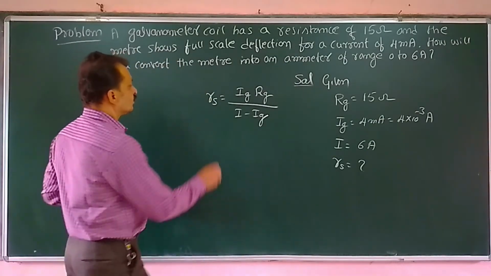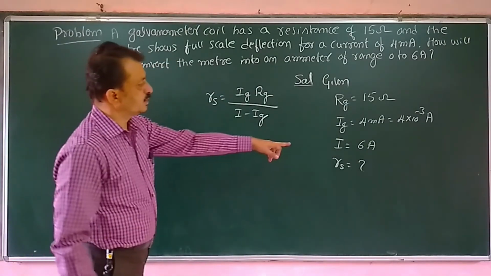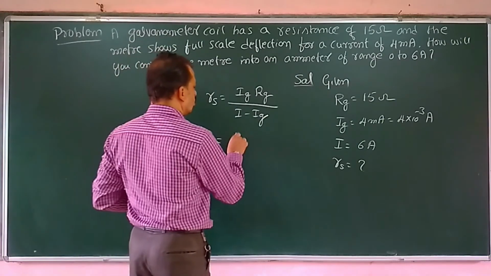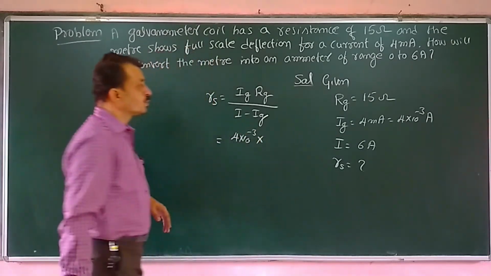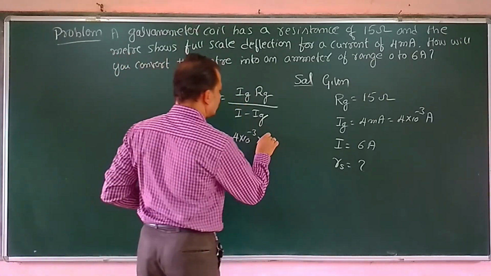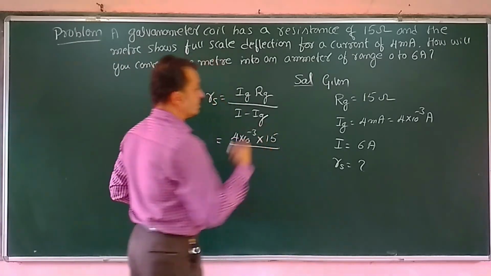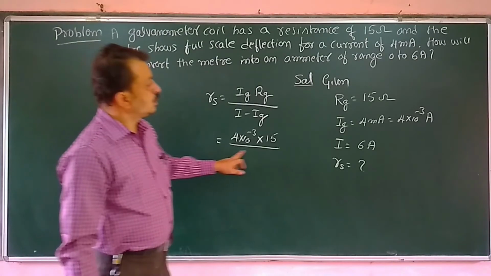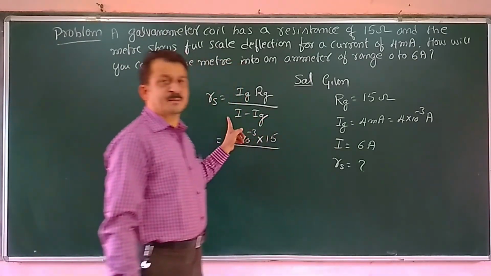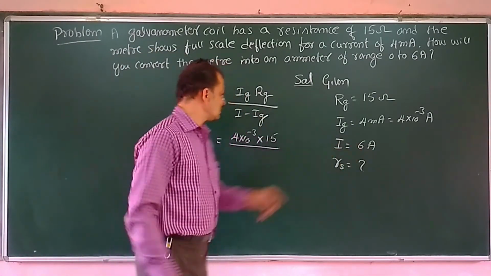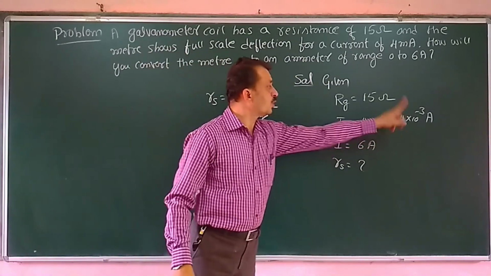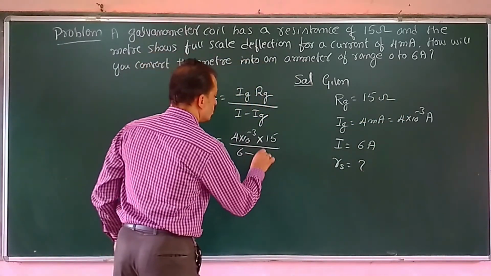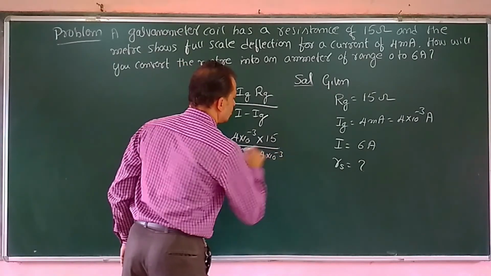Ig they have given, it is 4 into 10 to the power of minus 3, into Rg, it is 15 ohms, divided by I minus Ig. I is the total current, that is 6 amps, minus Ig is 4 into 10 raised to minus 3.